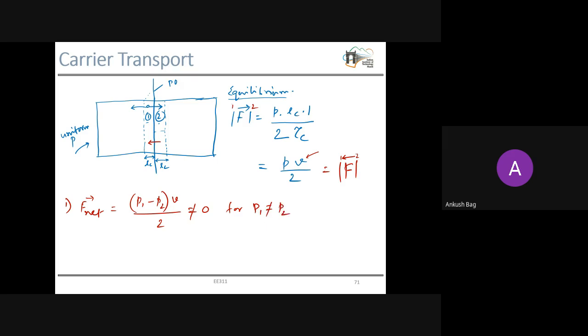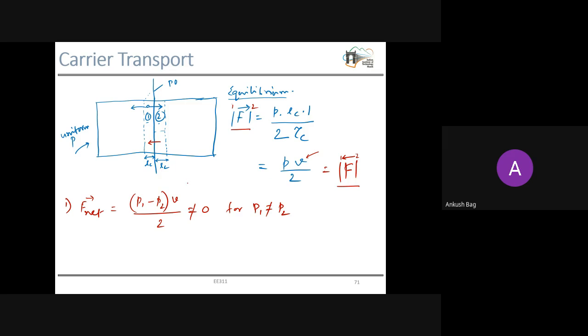What is this type of transport? To have a current through your semiconductor, we need some net flux. These two fluxes will be equal under equilibrium, and under equilibrium you will not get any current. Now when you need to have current under non-equilibrium condition, let's say you have applied an electric field or you have some diffusion, then you will have some net motion.